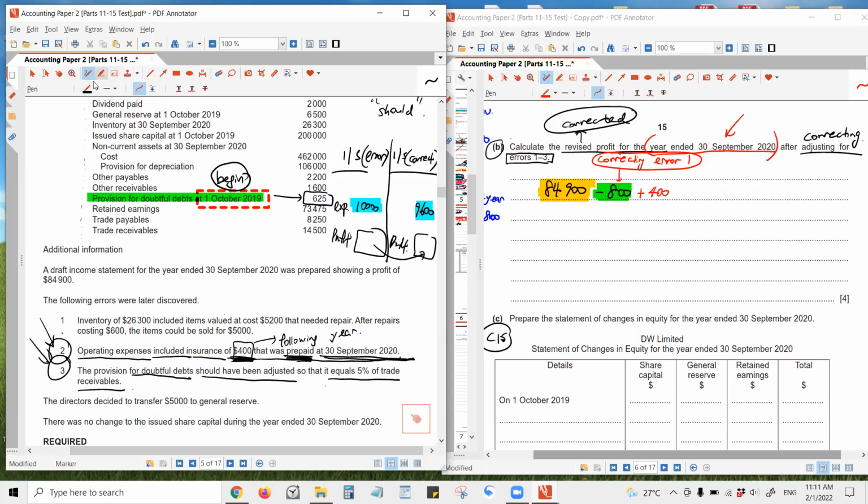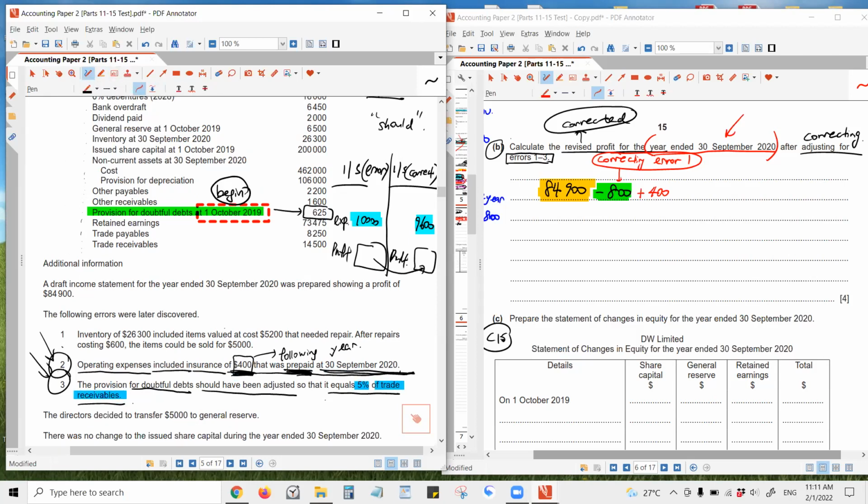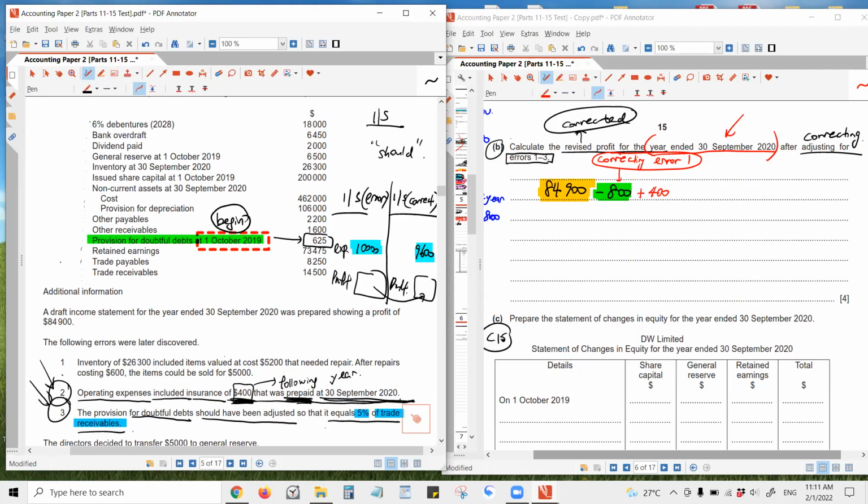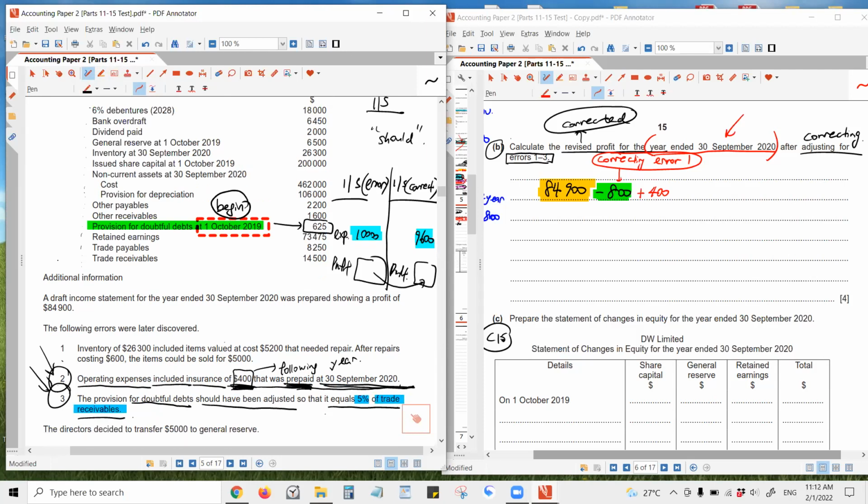So it says we have to calculate doubtful debt based on 5% of trade receivable. So what is trade receivable right now? See the question, where is trade receivable? Here. You take this times 5%.